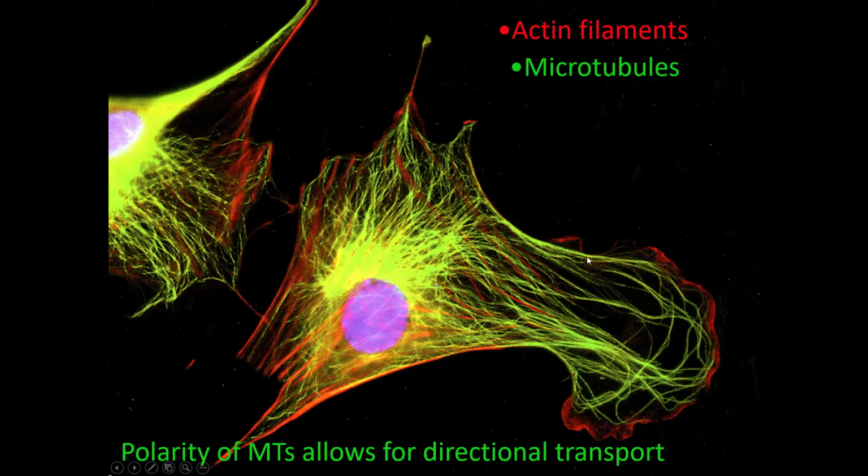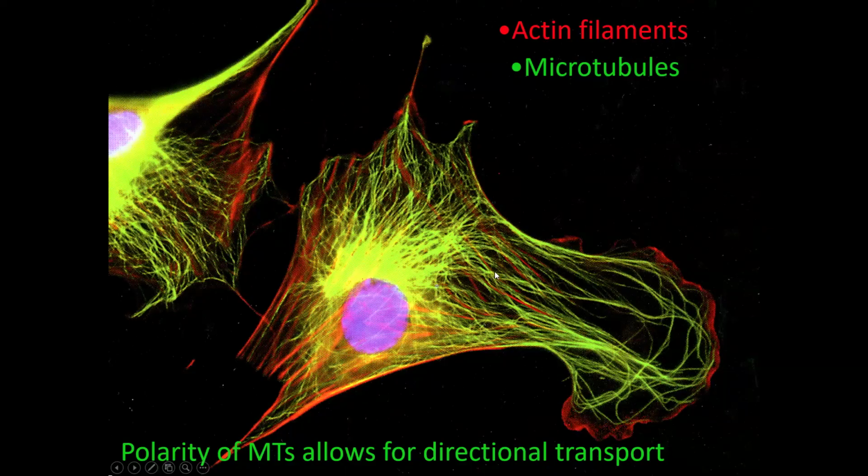They play an important role in the motility of cells. They play an important role in generating the shape of the cells. The microtubules are stained here in green. They have a polarity. They usually have a minus end at the centrosome, and they extend towards the periphery with the fast growing or plus end.